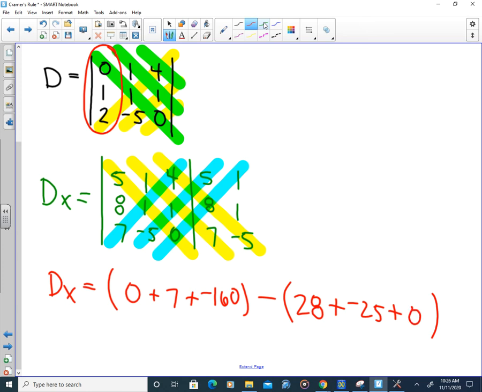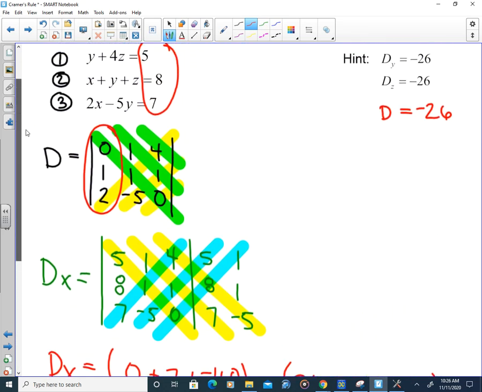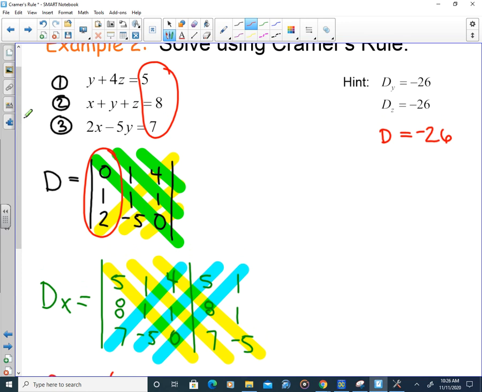So D of X is equal to negative 153 minus 3. So D of X is equal to negative 156. Just write that up there. D of X is equal to negative 156.